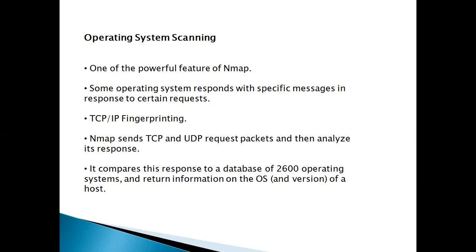There are lots of request packets you can send to guess which operating system and which version is running on the target machine. When the responses come back from the target, Nmap compares them to a database of more than 2600 operating systems and returns information on the operating system and versions of a host.